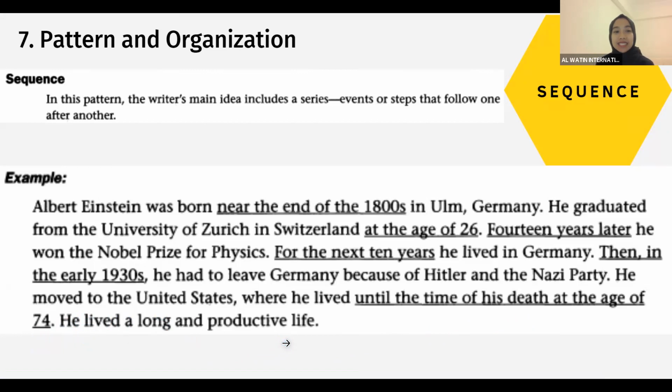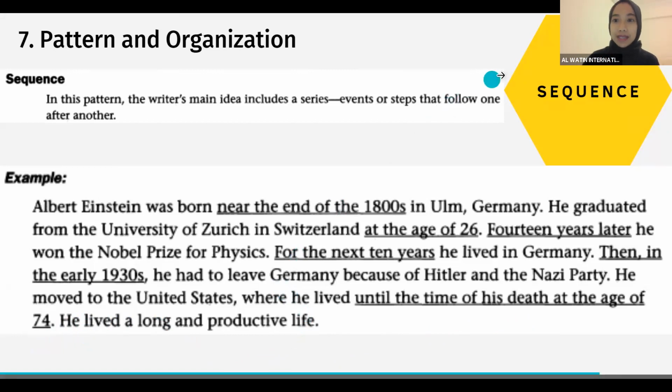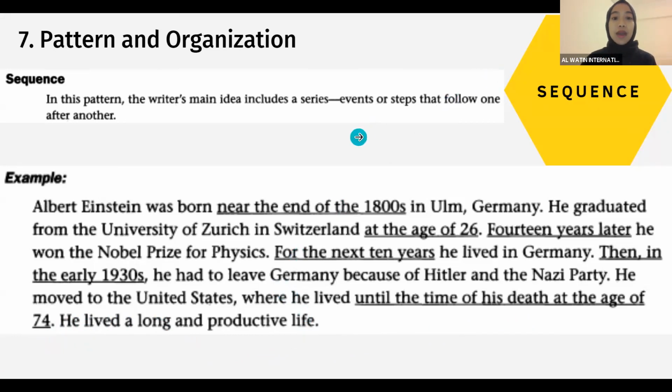So what is this paragraph about? About Albert Einstein. What exactly about Albert Einstein? About his life. Yes, about his life. Okay, that's sequence. Here they use the sequence. Remember, biography is sequence.